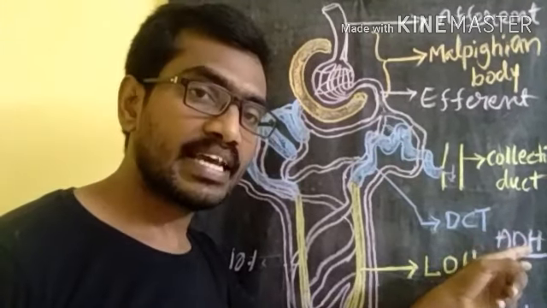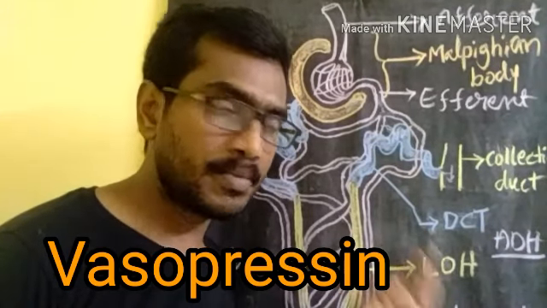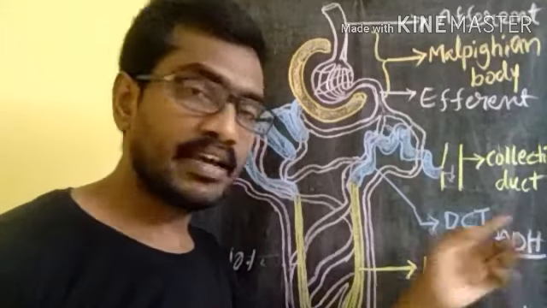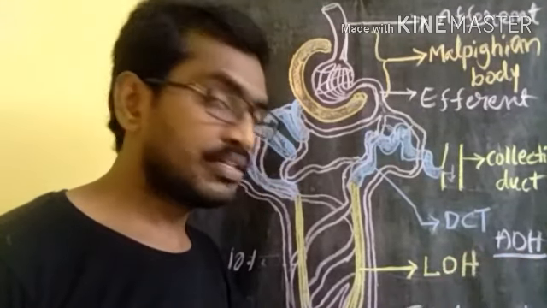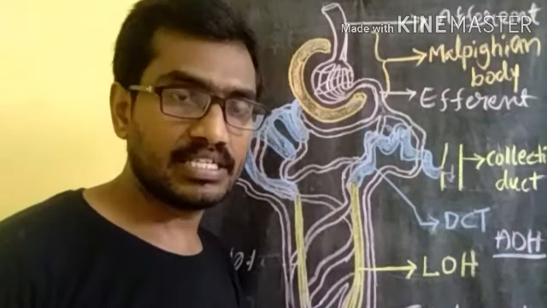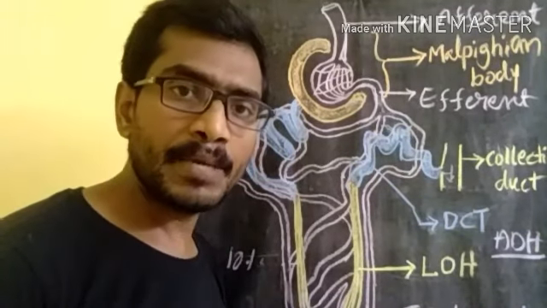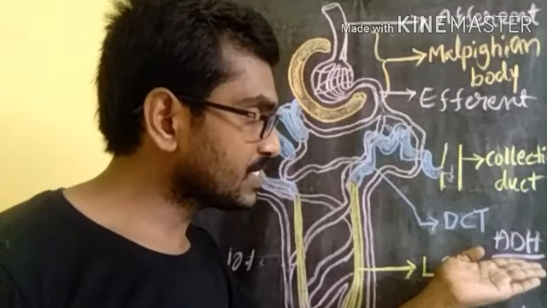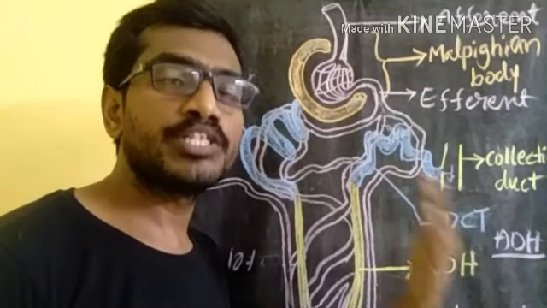Otherwise we can say vasopressin or ADH. In some people this ADH is not released, or if it is released less, they excrete highly diluted urine. Due to lack of this ADH, they release more diluted urine.